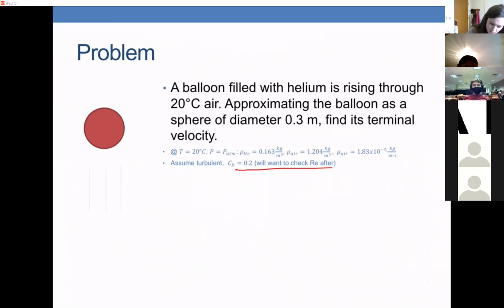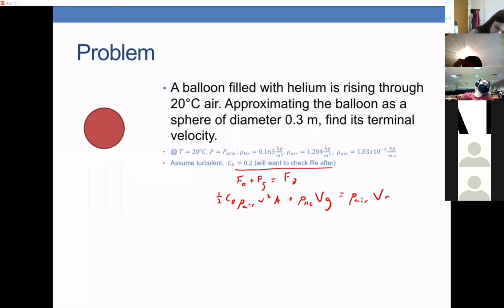Okay, so to put it again, force drag plus force gravity is equal to force buoyant: 1/2 CD rho air v squared A plus rho helium volume times G is equal to rho air volume times G. A will be pi over 4 d squared, and volume will be pi over 6 d cubed.